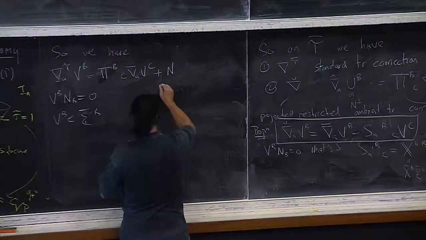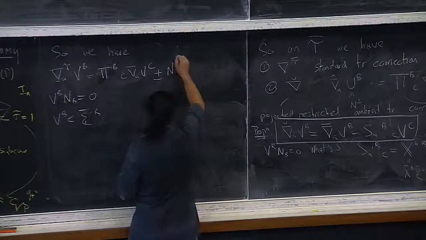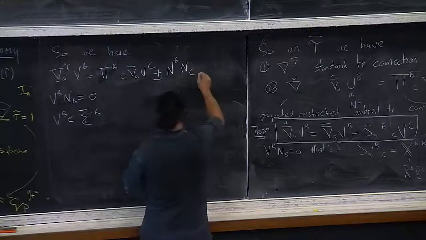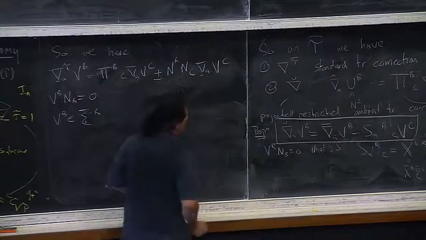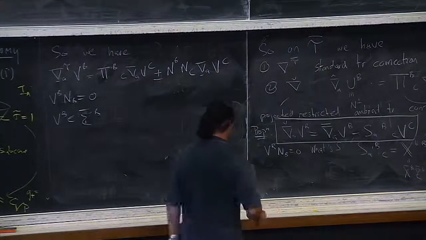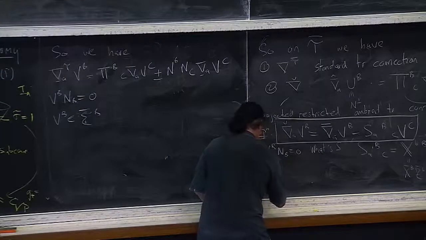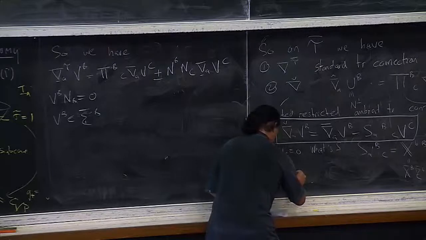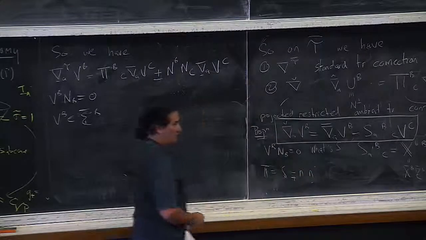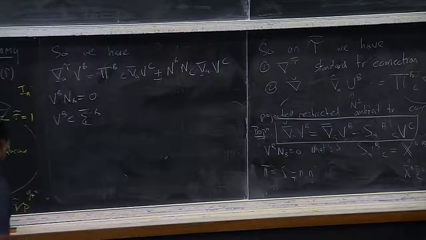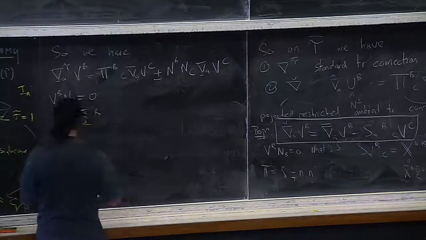So that's plus or minus N_B N^C grad_A V_C. By the way, when I was writing those projections with a minus, it should be minus plus. When you have one of these projections, it's delta, and I said minus N, but it's minus plus depending on whether N squares to plus or minus 1.